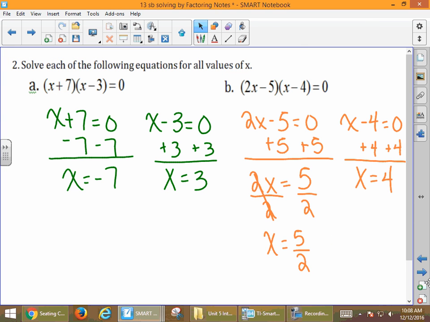Once again, what we did is we set 2x minus 5 equal to 0, we set x minus 4 equal to 0, and then we solved both of those equations to get our x-intercepts of this quadratic function.